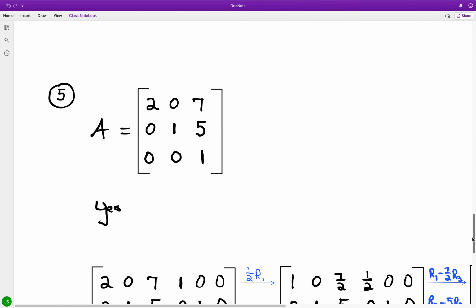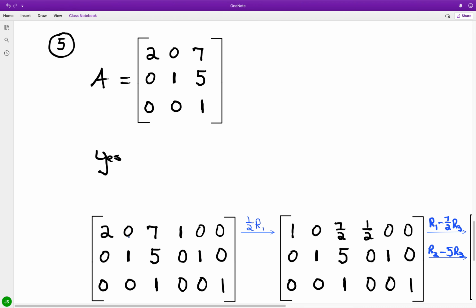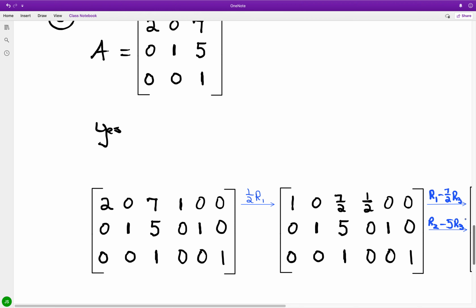If we look at what it is going to be, we set up the augmented matrix, where we have A and the identity linked together, looking for the inverse. If I convert this 2 to a 1, I can take 1/2 of the first row, so going across we have 1, 0, 7 halves, and then converting the identity, where the pivot position is adjusted, we have 1/2, 0, and 0.